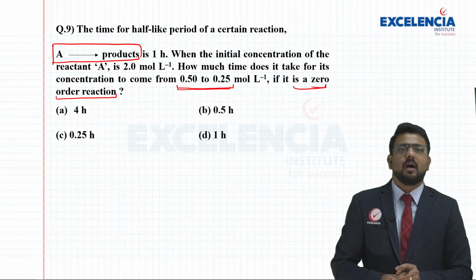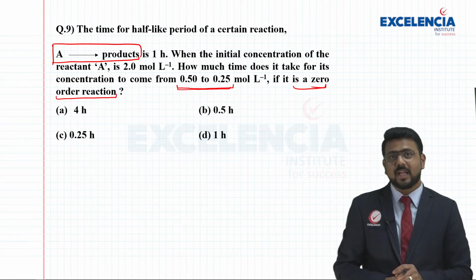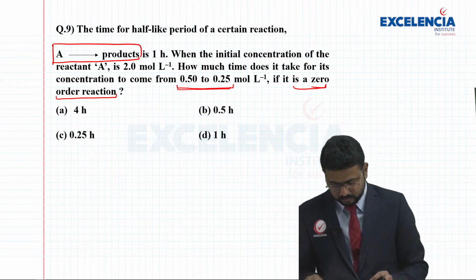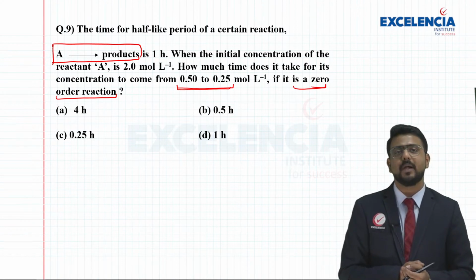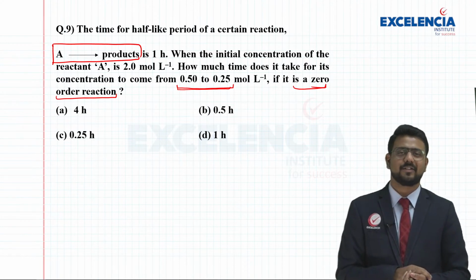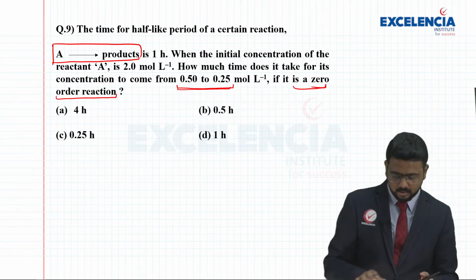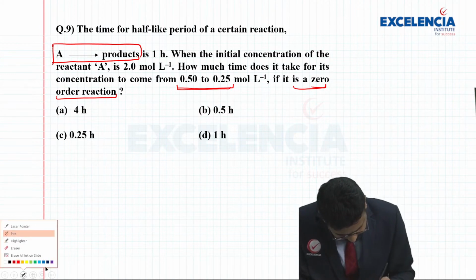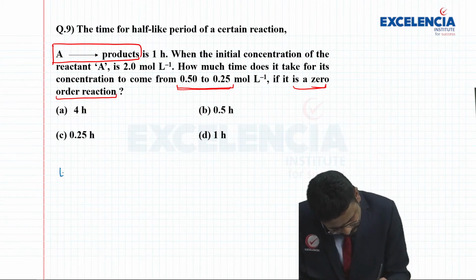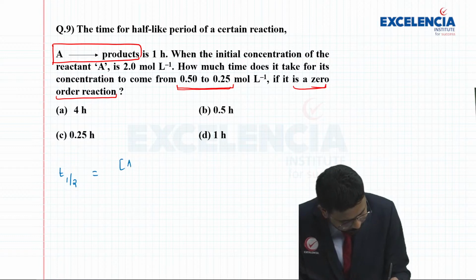Now we know that for zero order reaction, the half-life will be dependent on the initial concentration of the reactants. So we can say here that T half is equal to A0 over 2K.